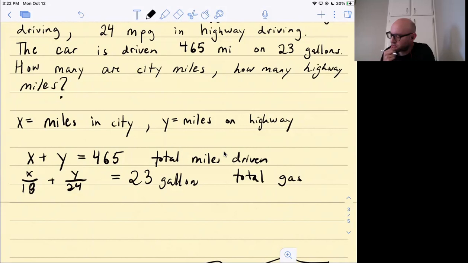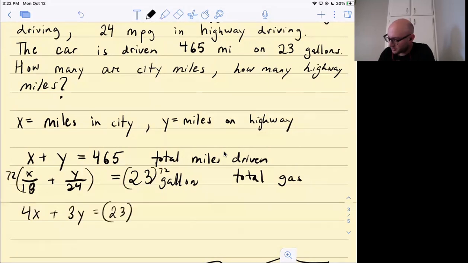If you multiply everything by 72 on both sides, it's going to be some big number. Here you would get 4x, and over here plus 3y equals 23 times 72. I don't know what that is. And so you could solve it that way.